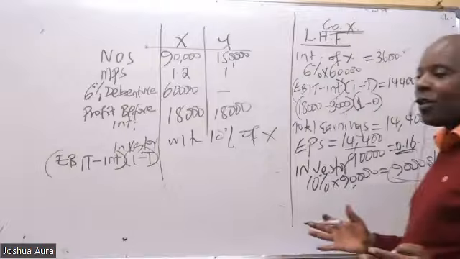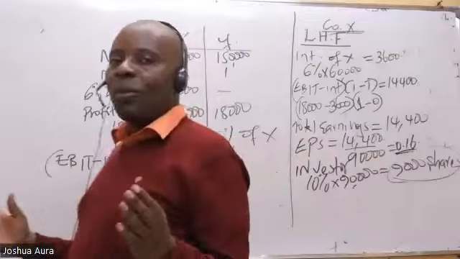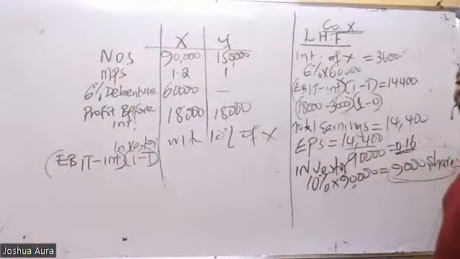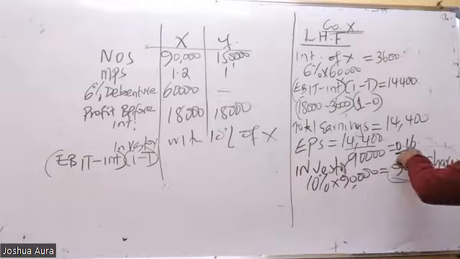Therefore, this gentleman will take home how much as dividends? He has 9,000 shares and each share is earning 0.16.